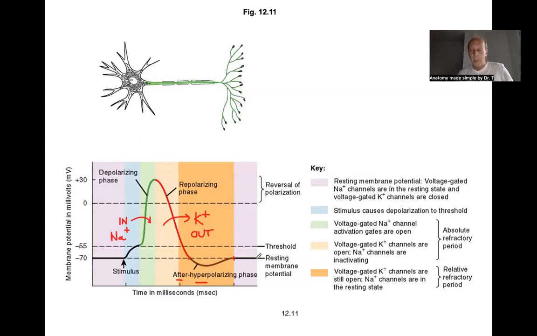So let's take a look and see what the legend is. For the purple colored part, or lilac, resting membrane potential, voltage-gated sodium channels are in a resting state, and voltage-gated potassium channels are closed. So sodium and potassium are kept on both sides of the membrane, no movement across the membrane, therefore quite steady resting membrane potential.